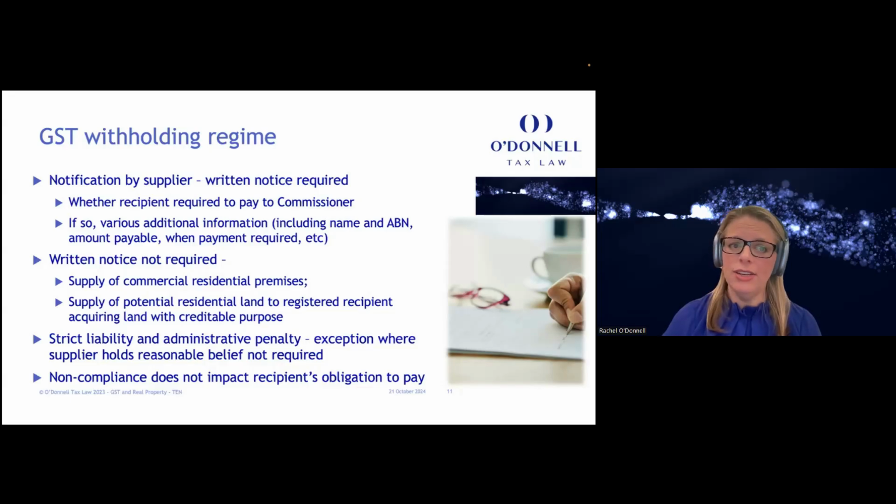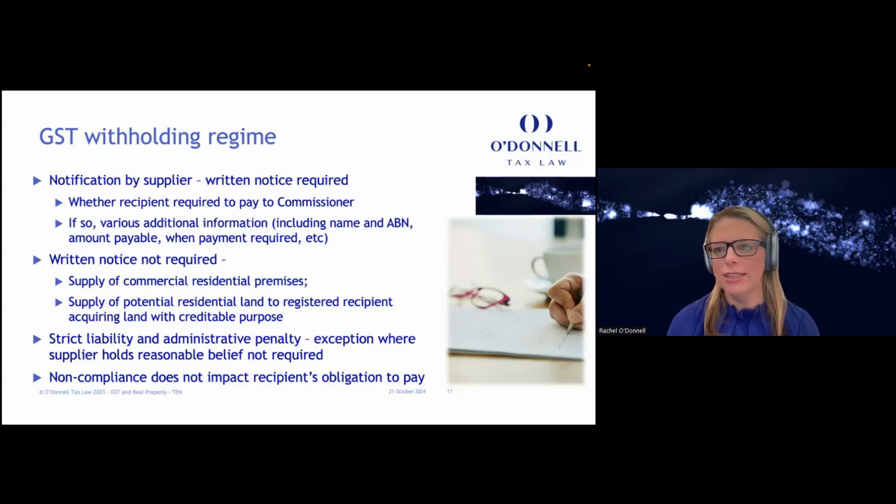And that notification tells the recipient whether they're required to withhold the amount and pay it to the ATO. And if so, there's various additional information that needs to be provided, and that includes things like the name and ABN, the amount payable, when it's required, all of that sort of thing. So always tick through and make sure your written notice ticks all of those boxes, because it's a strict liability offence to not comply with this.